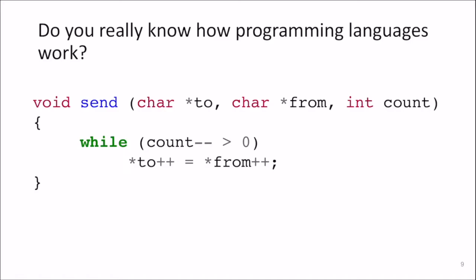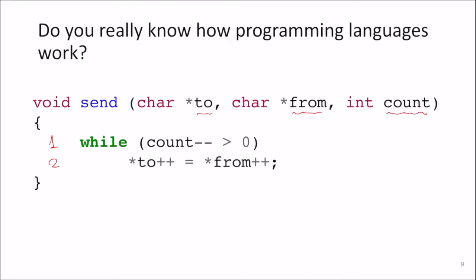Here is an example C program. It's a very simple C program. It's got essentially 2 lines of code. This function is called send. It takes two arrays, an array called to and an array called from, and a count.